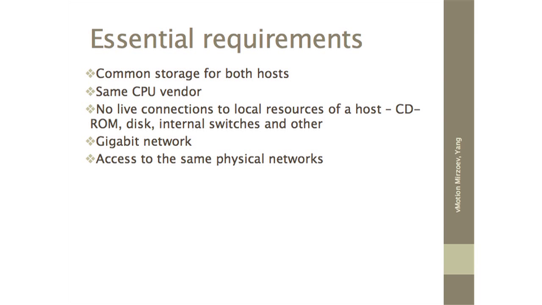So what happens if you have a server in Frisco and a server in Dallas and you don't have shared storage between them? It was a major challenge for vMotion until, I think, May 2010, because a new technology came out. I'm going to tell you about that in a couple of slides.